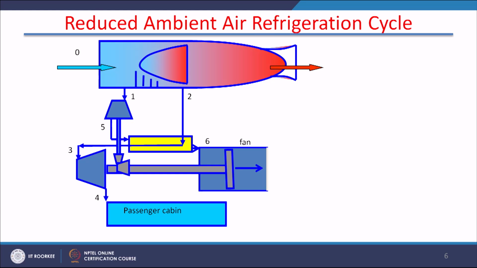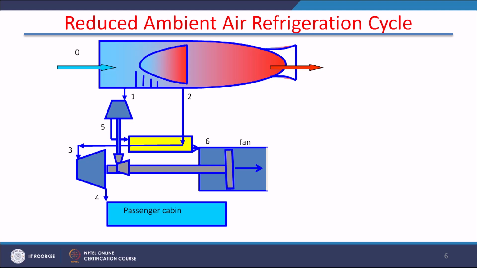Now, the last one is the reduced ambient air refrigeration cycle. In this cycle, before entering the compressor, the air is tapped and it is passed through a turbine which produces work and the pressure of air is reduced because it is a reversible adiabatic process.